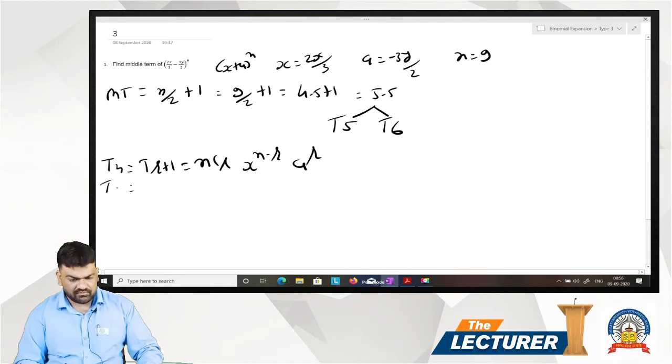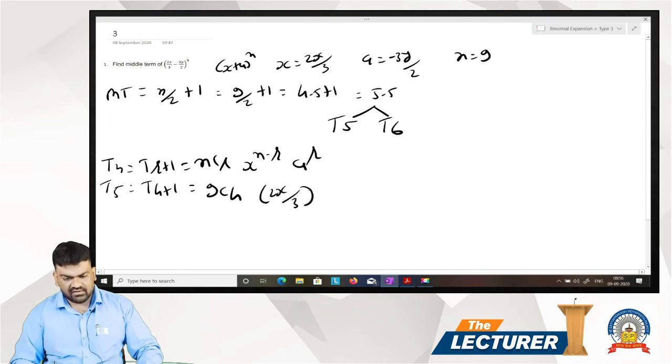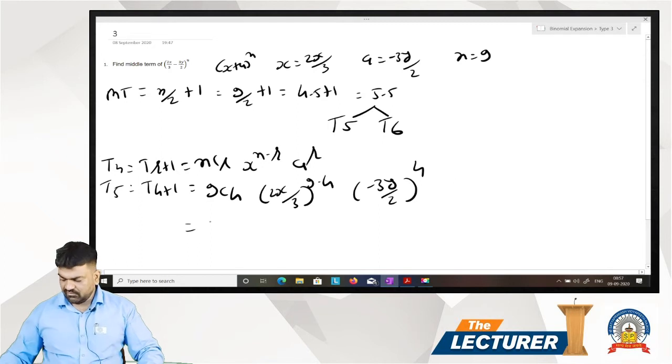T5, first of all T5, that is T4 plus 1, n means 9, C4, x means 2x by 3 raised to 9 minus 4, a means minus 3y divided by 2 raised to 4, 9C4. It is 9 multiplied by 8 multiplied by 7 multiplied by 6 by 4 by 3 by 2, that is 126.